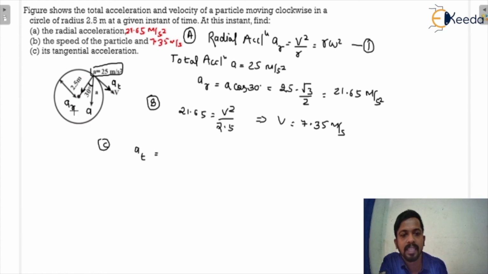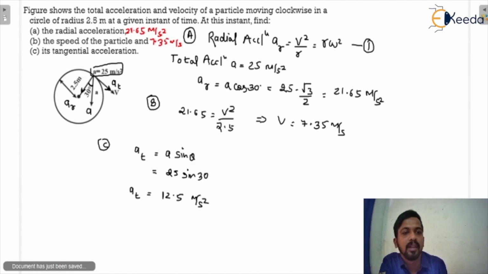This is a_r, which is A cos theta, and a_t would be A sin theta. A is given as 25, and that would be sine 30, and we know that sine 30 is equal to 0.5, so your answer would be 12.5 meter per second square, the tangential acceleration.